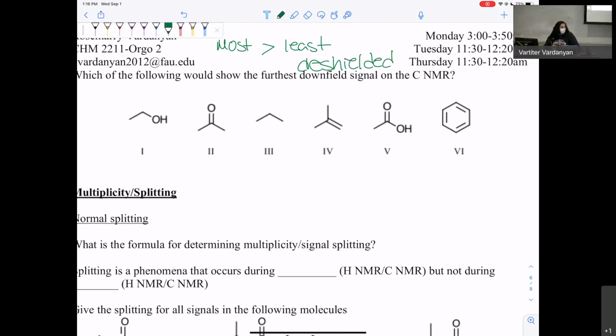So you're saying that's the most shielded. Okay, so these are terms that tend to confuse people. Most to least de-shielded basically means we're saying most de-shielded to most shielded, right? So we're kind of going opposite of the spectrum, right?